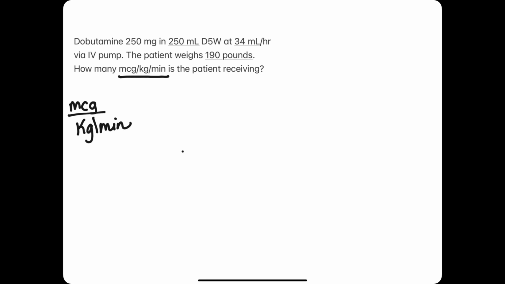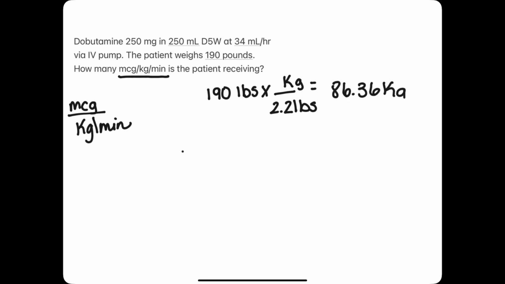All right, so we know that our answer needs to be in kgs, so we need to go ahead and convert the patient's pounds to kg. So 190 pounds, we know that 2.2 pounds equals 1 kg. And the patient is going to weigh 86.36 kg. I like to wait and round my weight at the end.